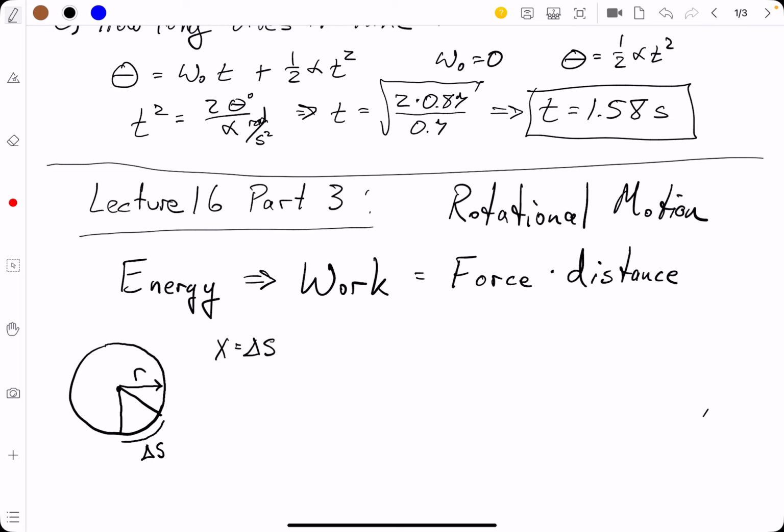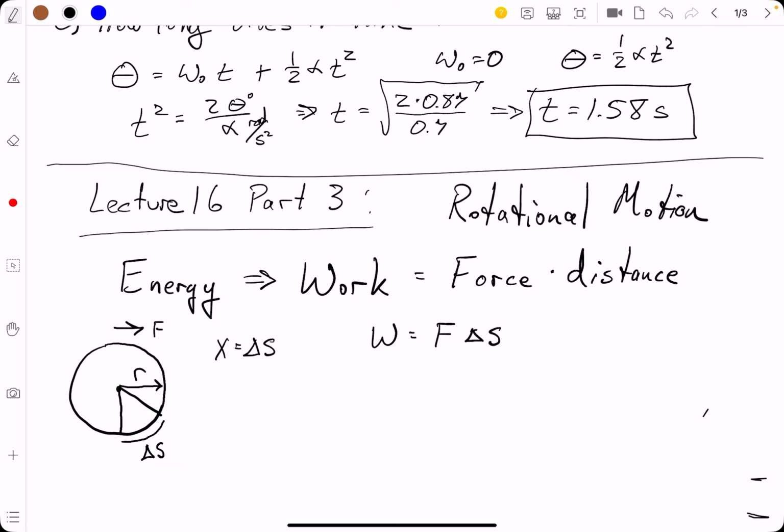So our work is equal to the force of us pushing in this direction, force, times the delta S around our circle, whatever it is. It could be a rod, or it could be a disc, or whatever, but something that's rotating, doesn't matter.